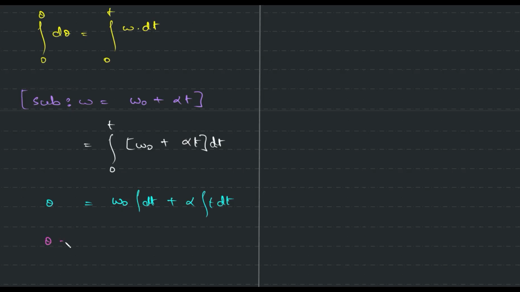So theta is equal to omega naught t plus 1 by 2 alpha t square. This is similar to s is equal to ut plus half a t square, right?